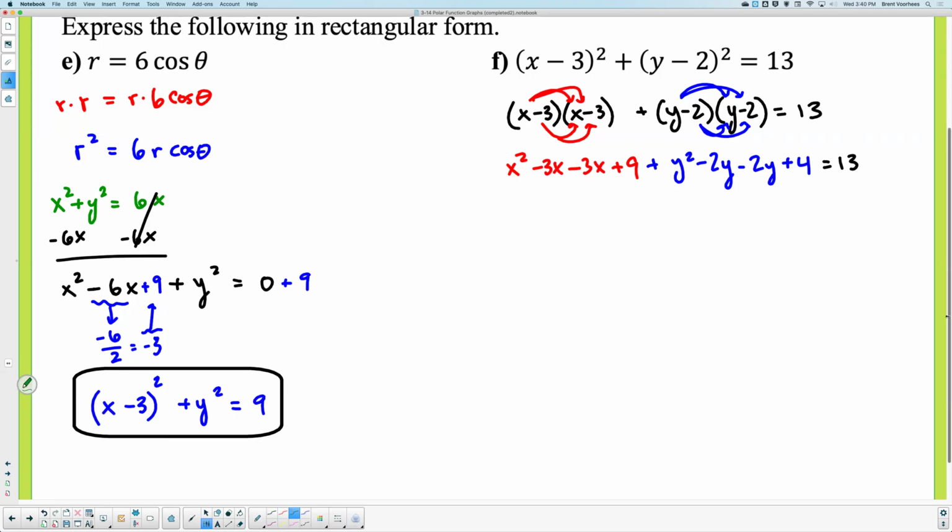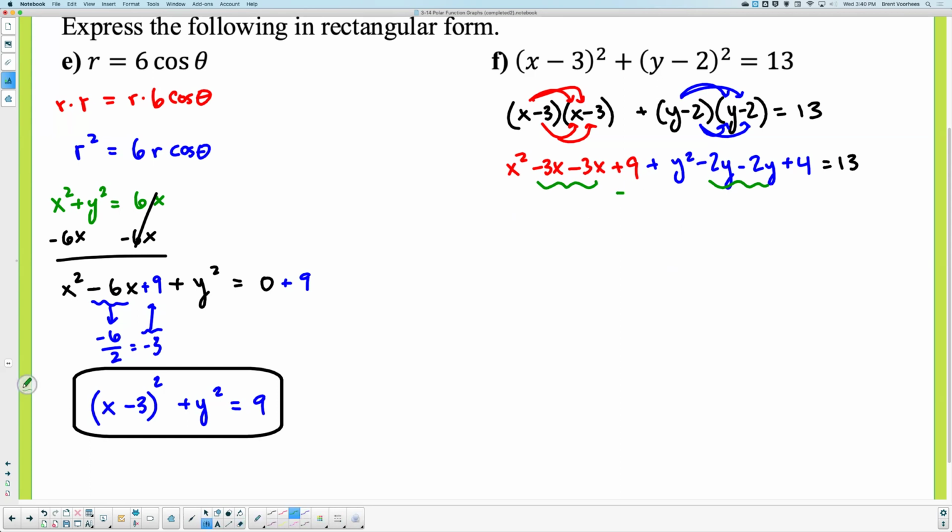First thing I would do in simplifying this is combine some like terms together. Here I can see that I'll definitely have a negative 6x, I'll have a negative 4y. This 9 plus this 4 is going to be 13.